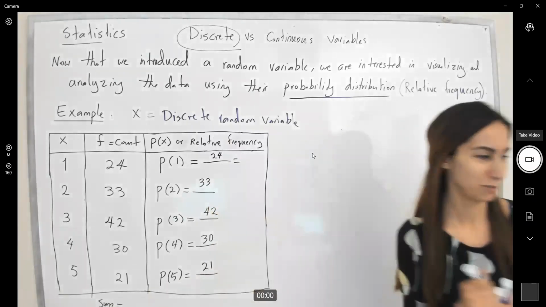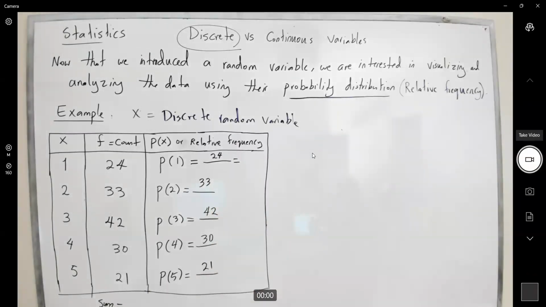So what is the total? The sum, the count, very good. The sum or the count of all of the employees who participated in this survey, the total number of them is 150.